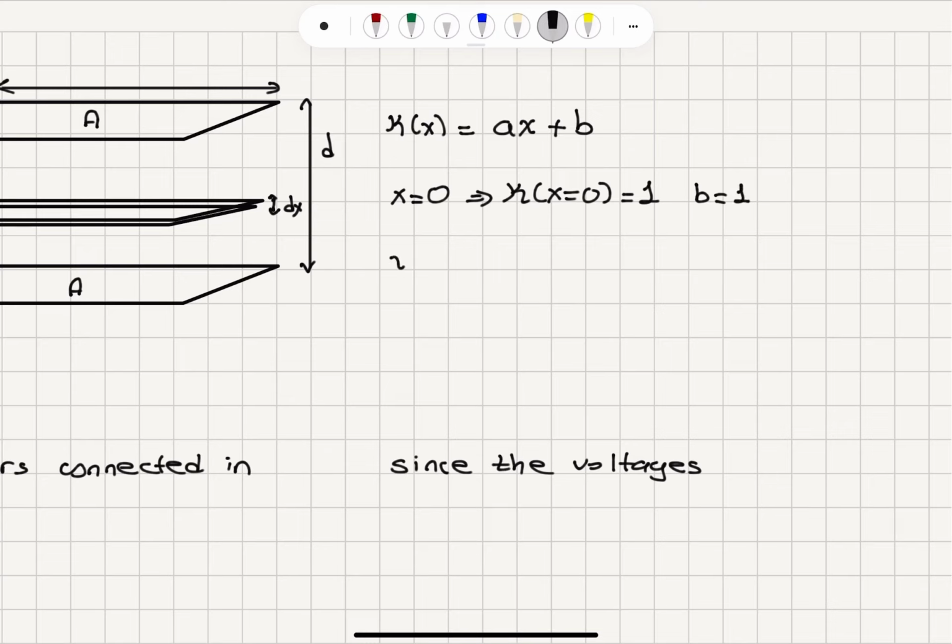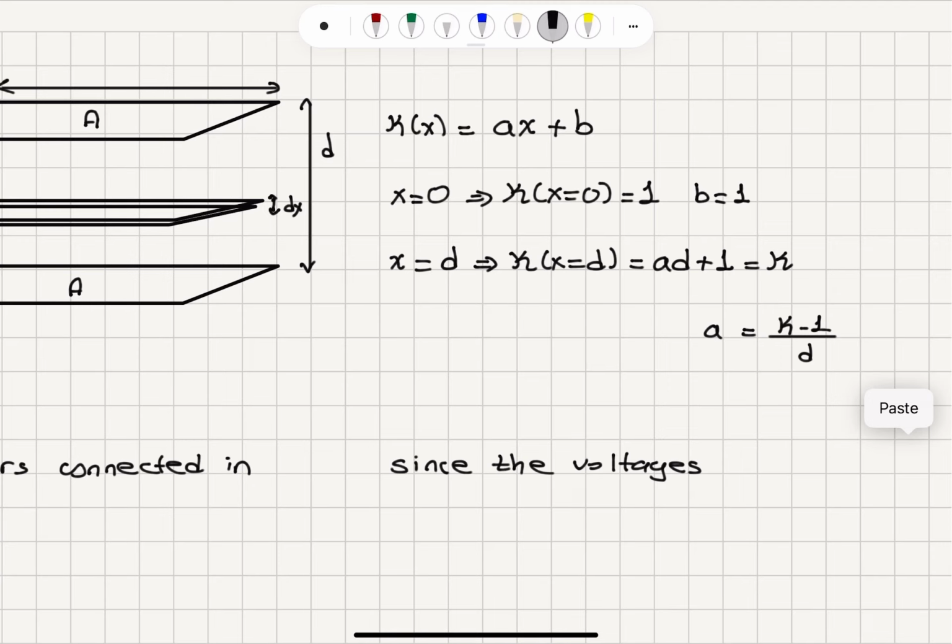When x is equal to d, that means I have reached the top plate. The value of kappa at x equals d is a times d plus 1, and that is equal to kappa. Therefore, I find that a must be equal to kappa minus 1 over d.